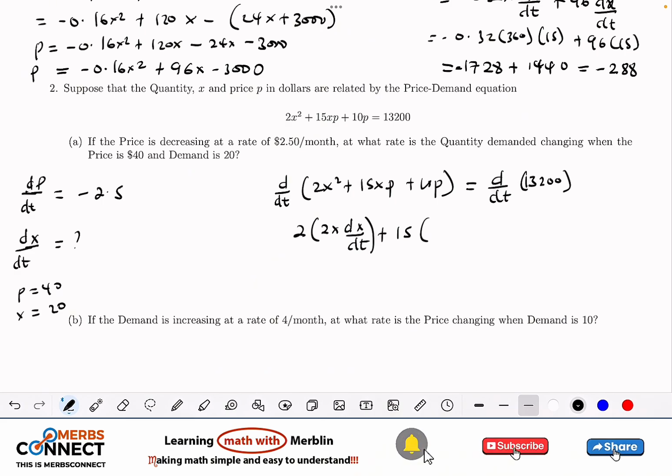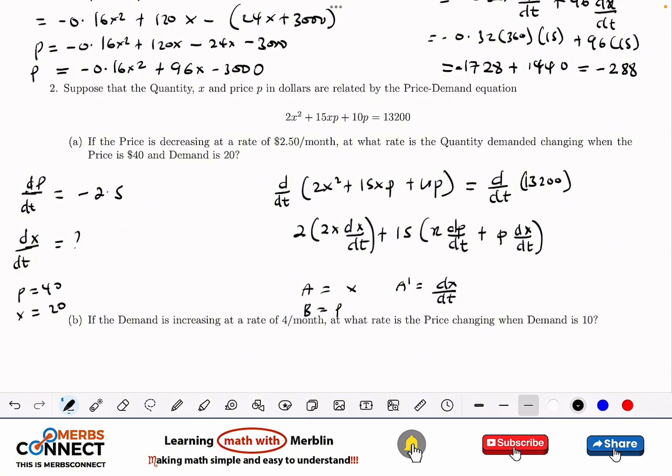So first, I maintain the x and differentiate p with respect to t, which is going to give us dp over dt, plus, then I maintain p and differentiate x with respect to t, which is going to give us dx over dt. So if you don't know, you can use the product rule like what we just learned. A is equal to x, B is equal to p, A prime will be equal to dx over dt because we are differentiating with respect to t.